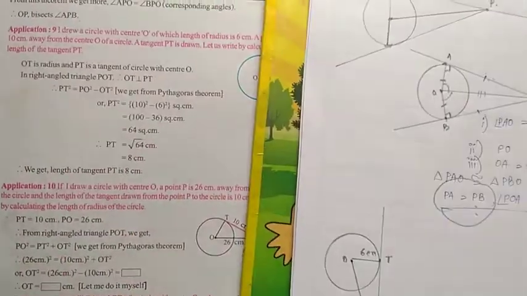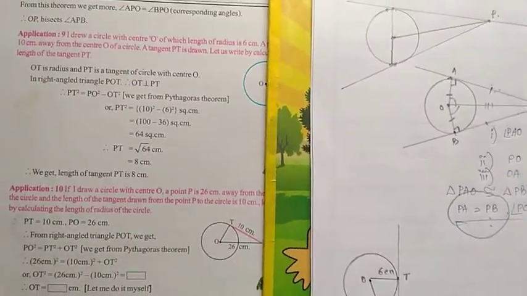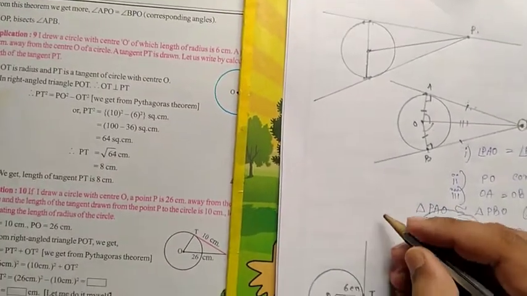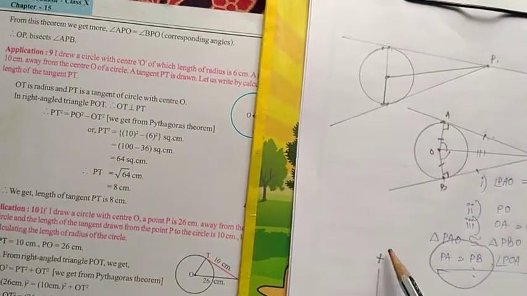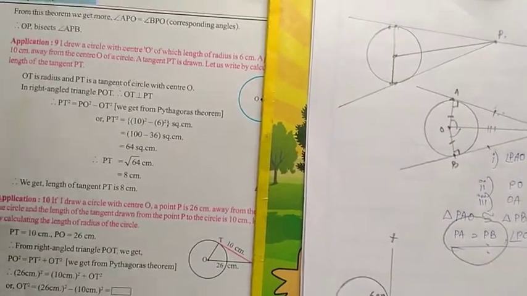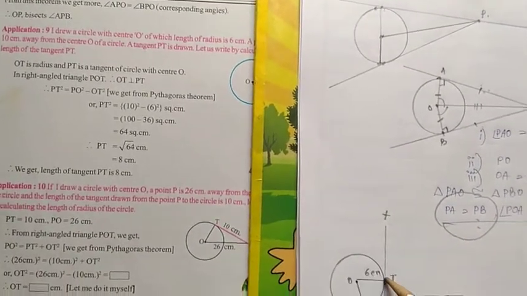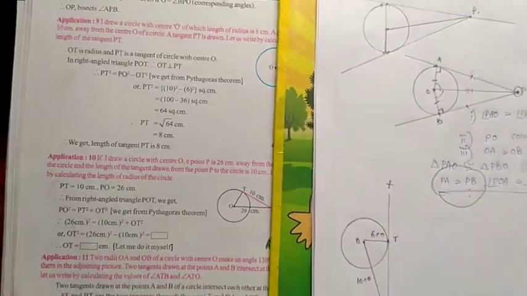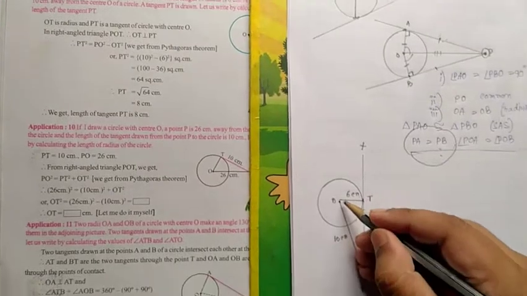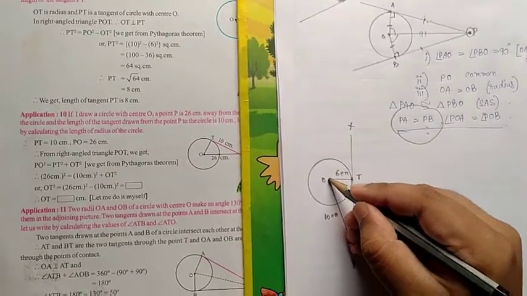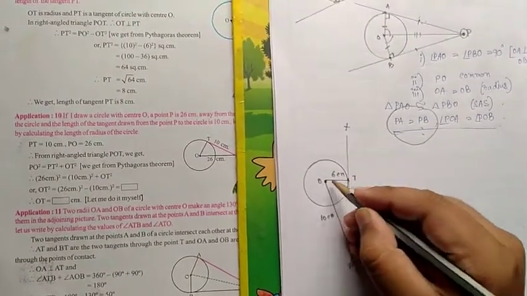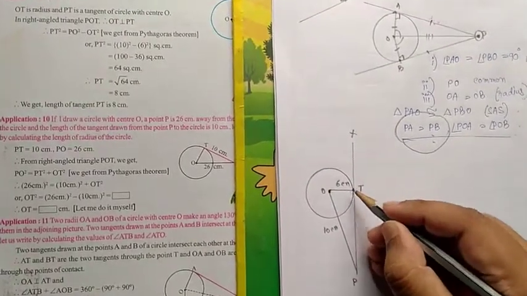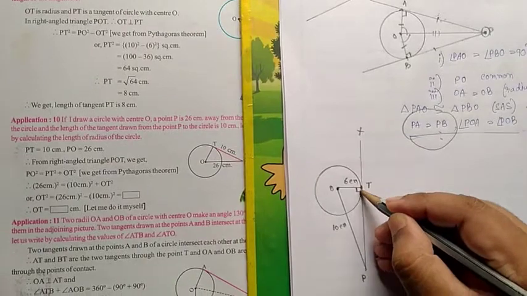Now we know through theorem 40, suppose this is a tangent PX. If PX is a tangent, it touches a point on the circle, and if you join the radius to the same point, it should be perpendicular.